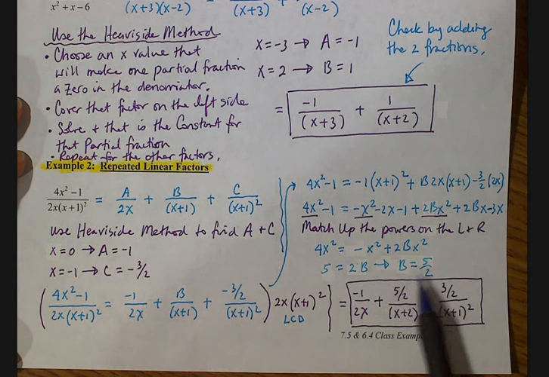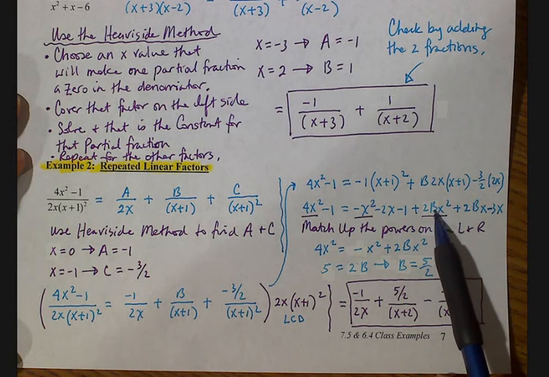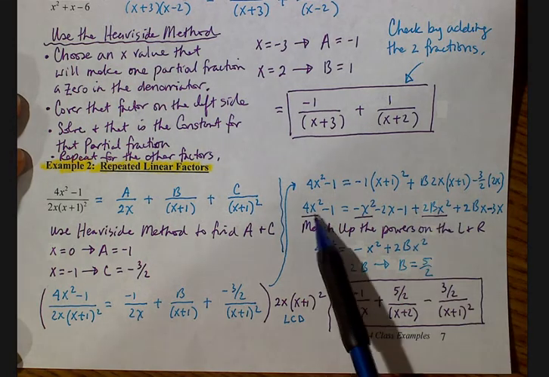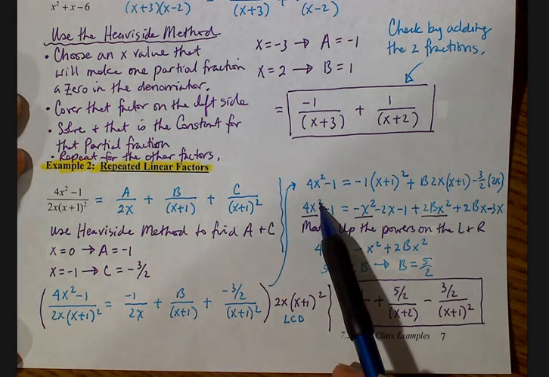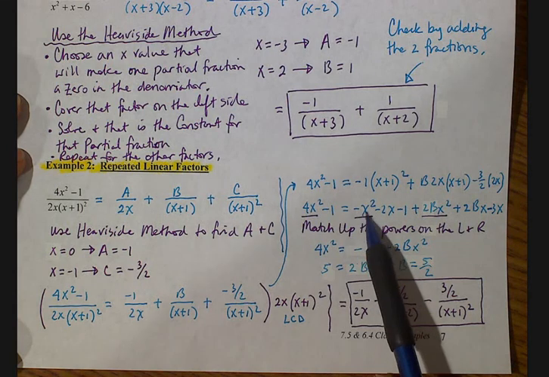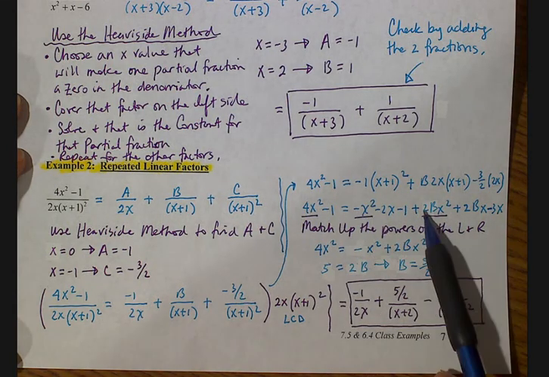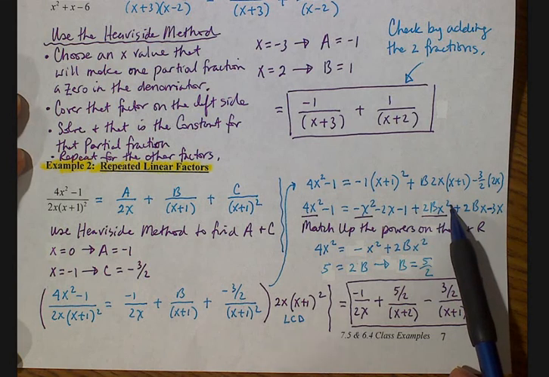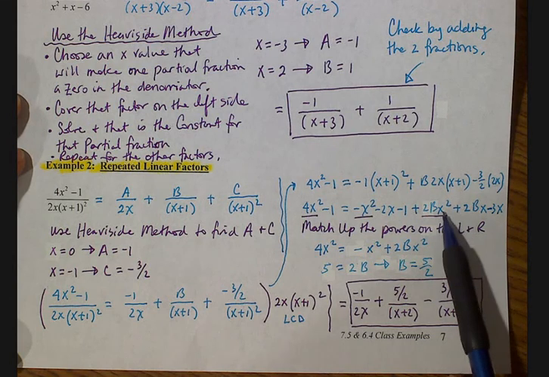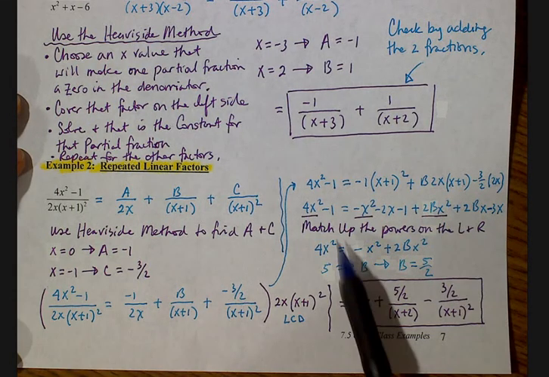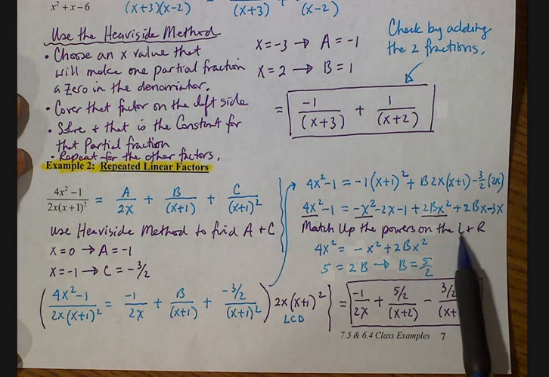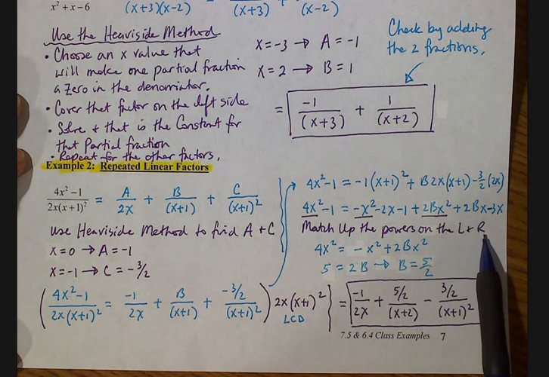Okay, so now what I need to do is match up all of the powers. So the only one that I'm really concerned with is this b. So see how you have a 4x squared here, I have a minus x squared here, and then I have a 2bx squared here. So I'm going to make an equation with just my x squared terms. So you match up the powers on the left and the right side.